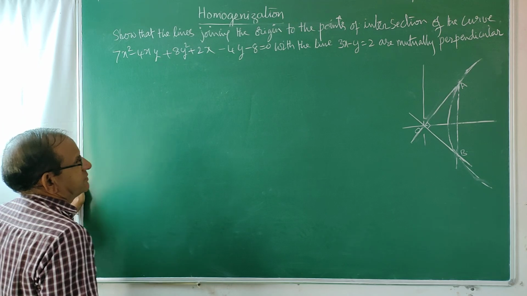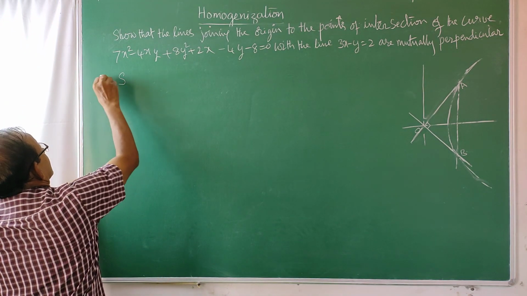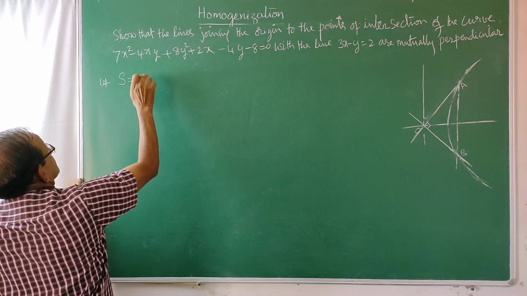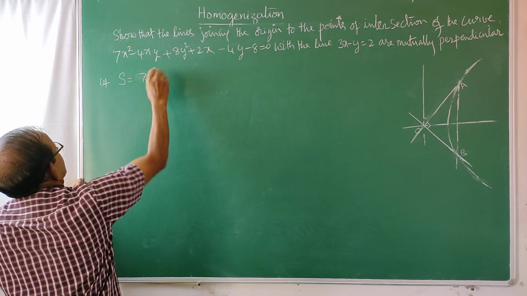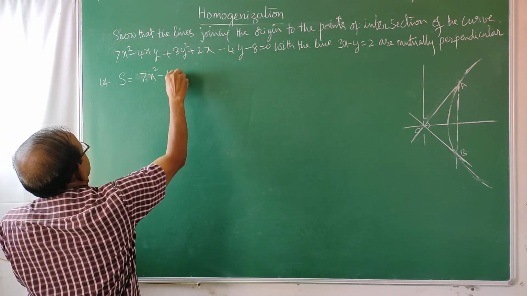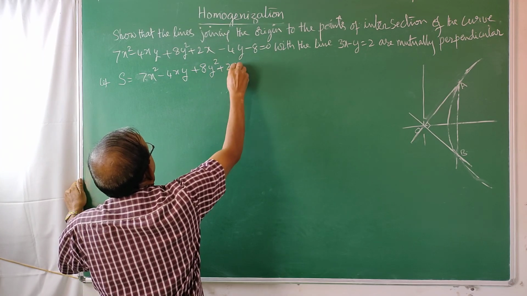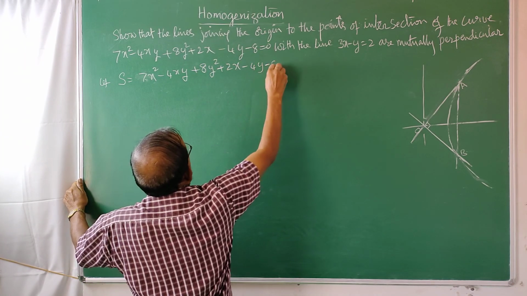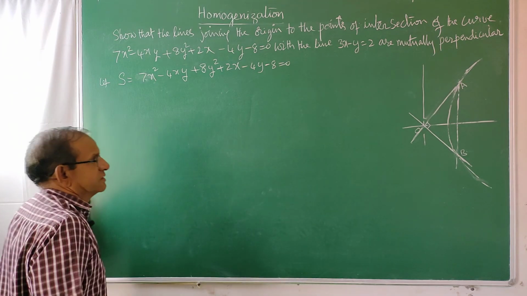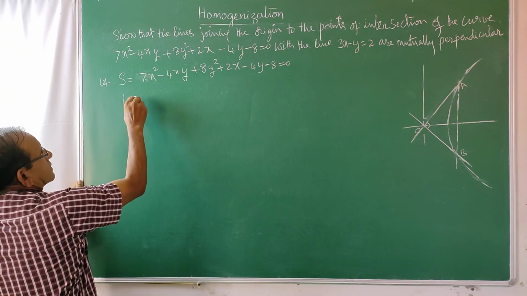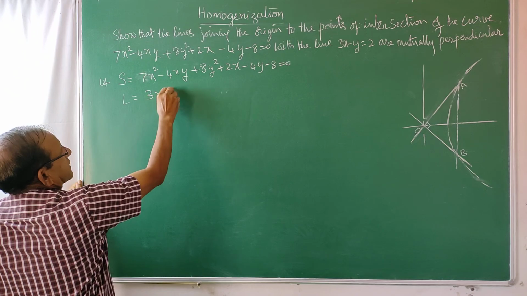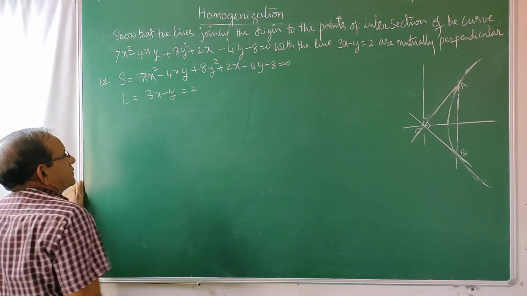Now let us write the equation of the curve first. Let S is equal to 7x square minus 4xy plus 8y square plus 2x minus 4y minus 8 is equal to 0. L is the line 3x minus y is equal to 2.